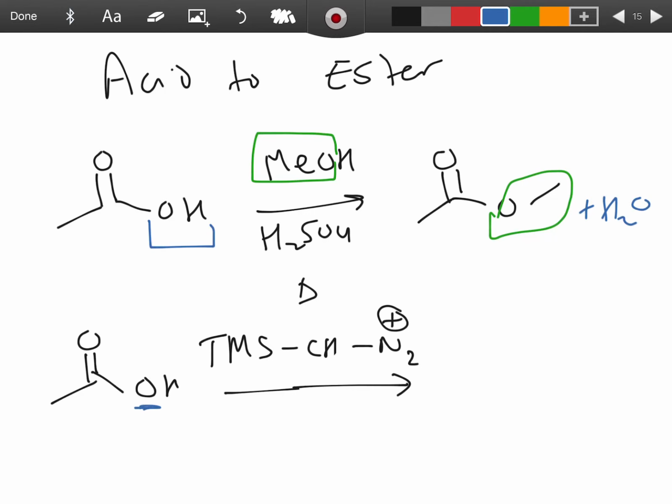acid as a nucleophile. So instead of adding to the carbonyl carbon with another alcohol, they keep their oxygen and they use this oxygen, this lone pair, to add to that carbon, and they then push off nitrogen, right? This is a really good leaving group.